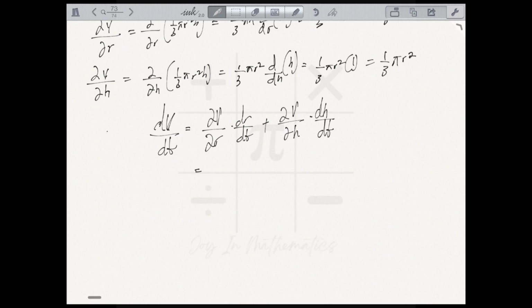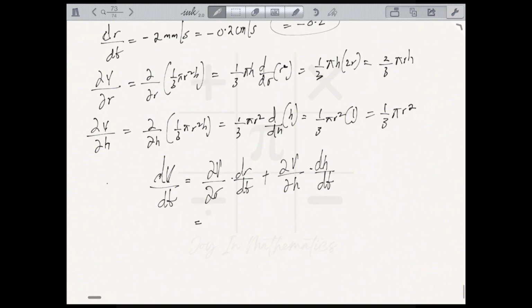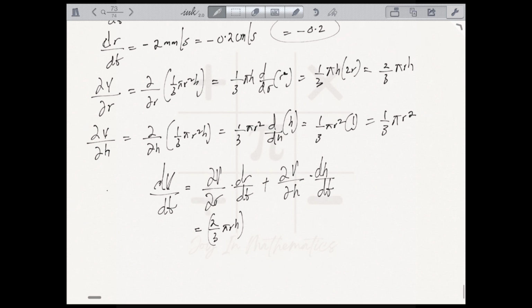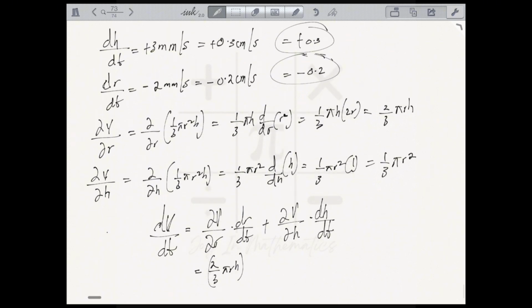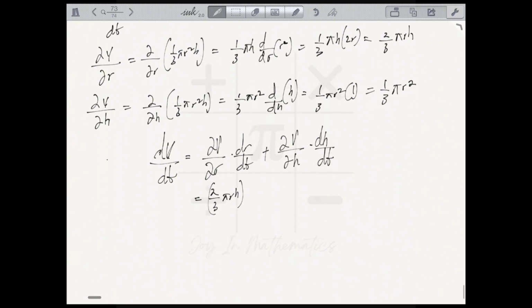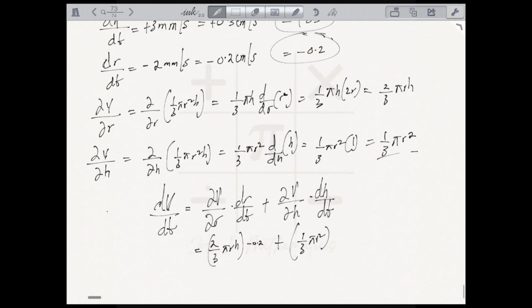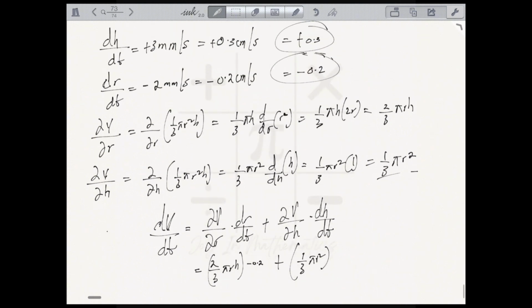So let us substitute, and then we have 2 over 3 pi r h, and our dr/dt is minus 0.2, plus 1 over 3 pi r squared multiplied by our dh/dt, that's 0.3.